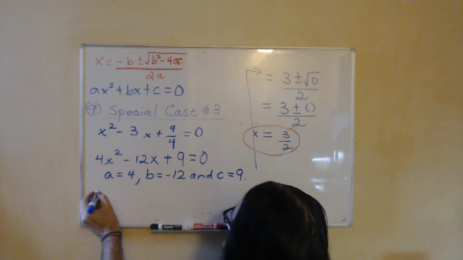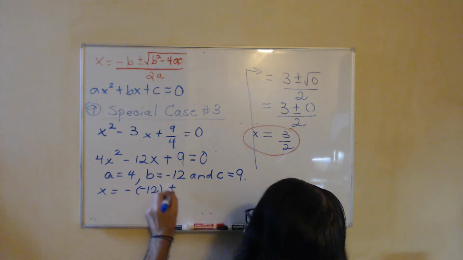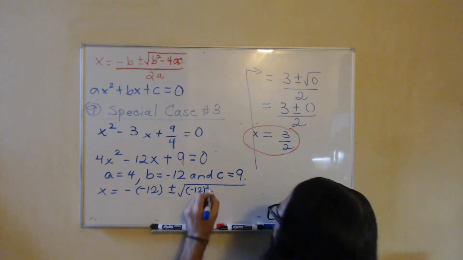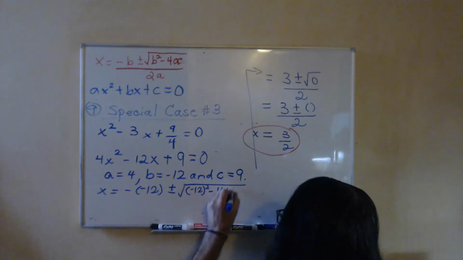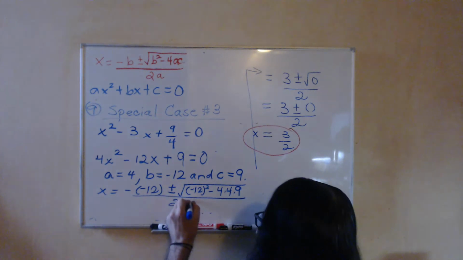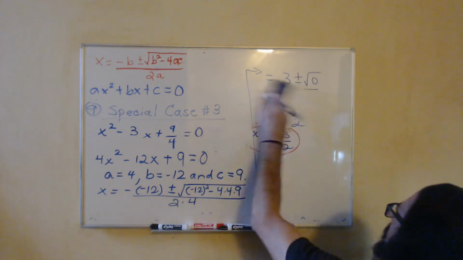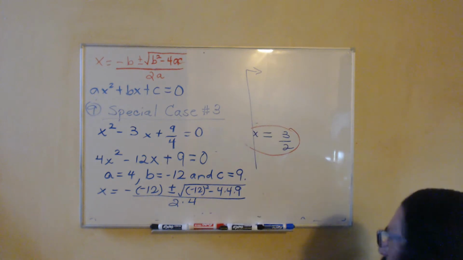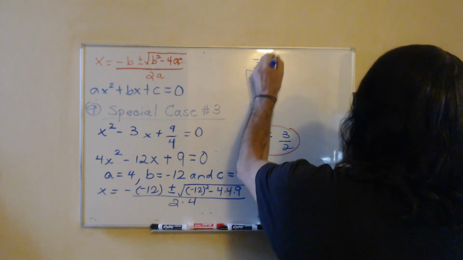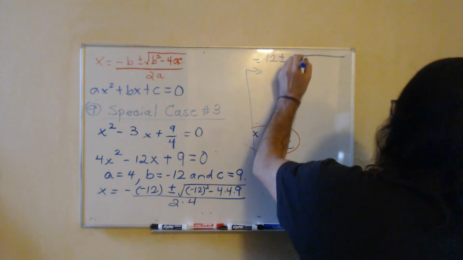It's going to give us that x is equal to the negative of -12 plus or minus the square root of -12 squared minus 4 times 4 times 9, all over 2 times 4. Negative of -12 is +12. -12, all of that squared is 144.